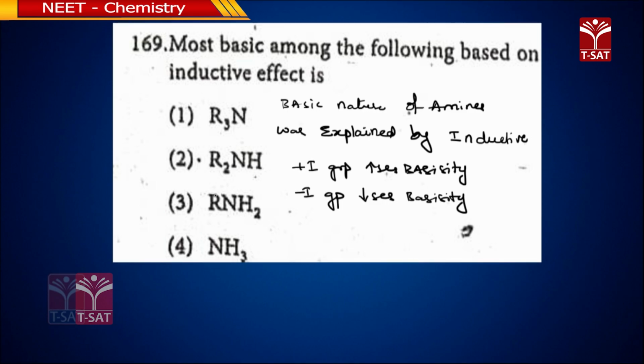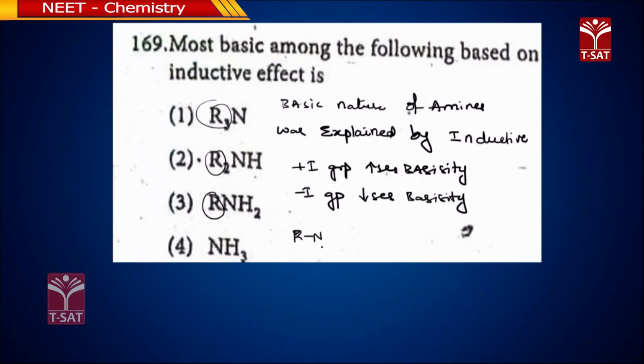Here these all are +I groups only, but the more the number of R groups, alkyl groups being +I groups, the more electron density on nitrogen. If electron density is more, it is more basic in nature.